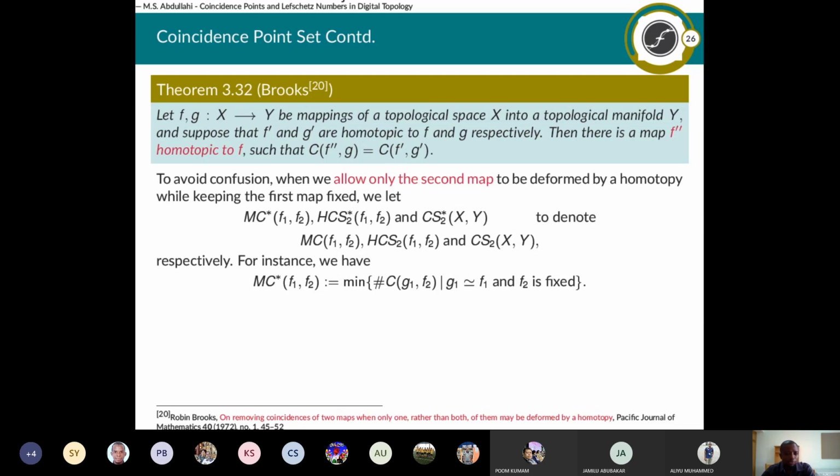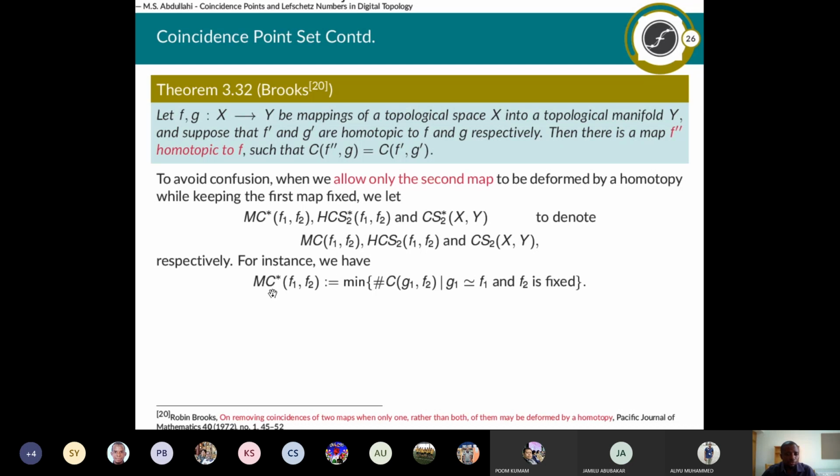But before I move to that, to avoid confusion, in this case we are allowing both mappings to be changed by a homotopy, but whenever we allow only one, the second map, to be deformed by a homotopy while keeping the first one fixed, we change the notation of this set by introducing an asterisk at the top of the notation.